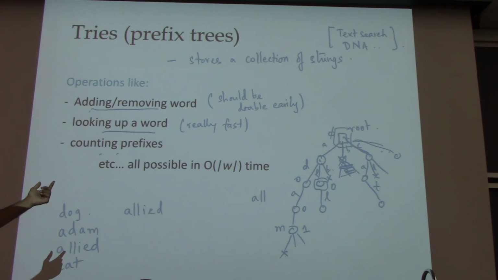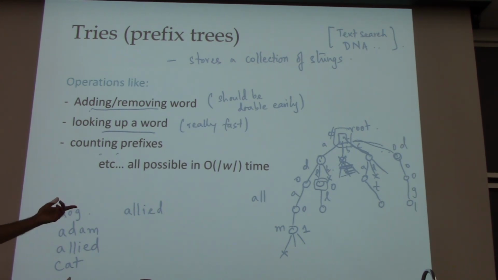So I create a new node which is D, and then I create new nodes for O and G. I set the Boolean variables here to be 0 and the last one to be 1. Some of this tree may have existed, in which case I'll only add what I need to add. This is how you add.